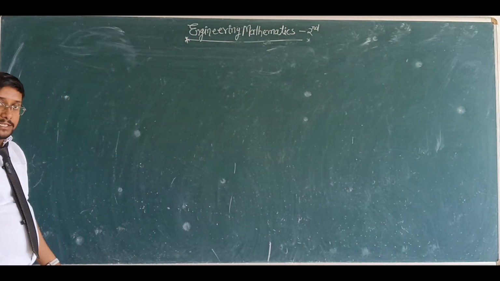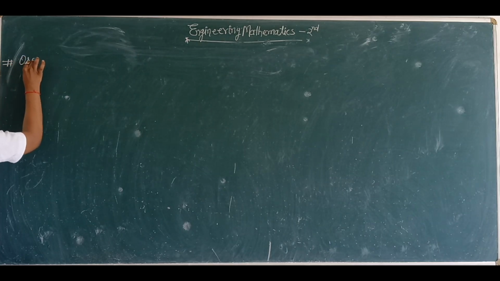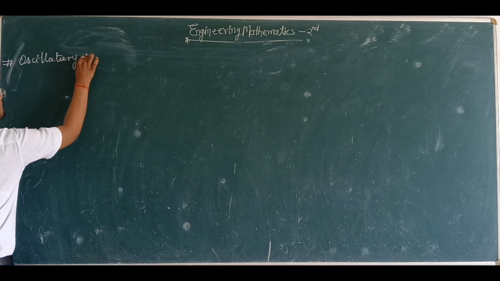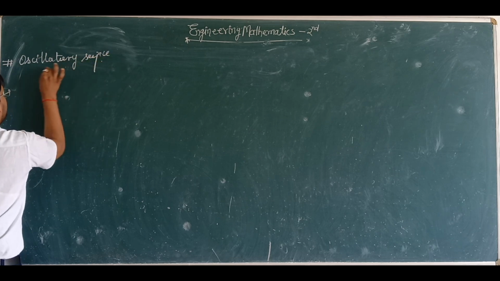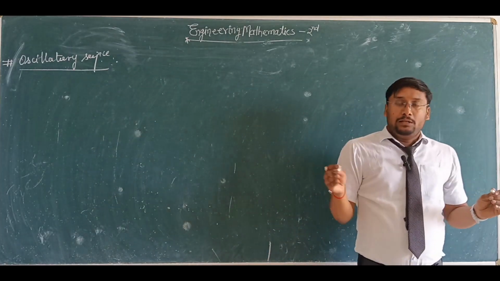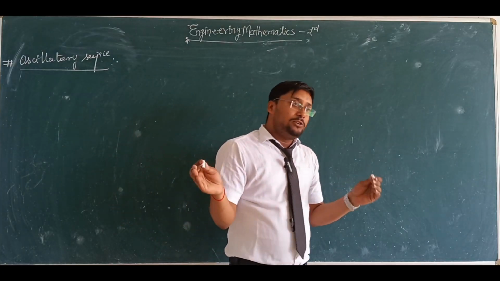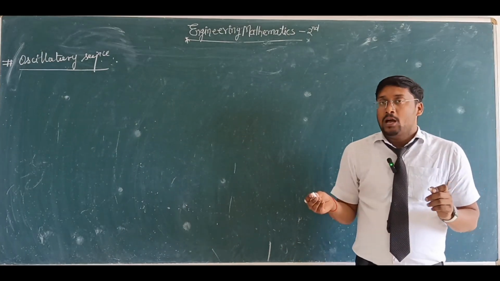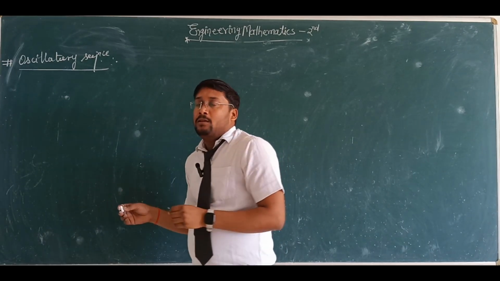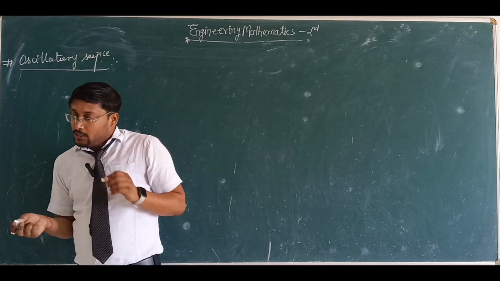Next is the oscillatory sequence. You can note down: if a sequence is neither convergent nor divergent, it is known as an oscillatory sequence. Oscillatory sequences are mainly of two types: finite oscillatory sequence and infinite oscillatory sequence.